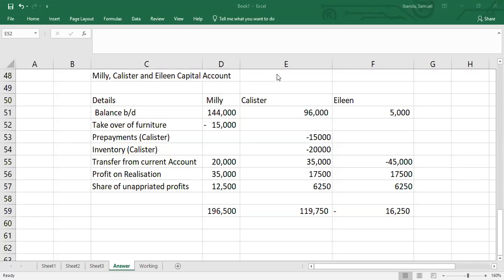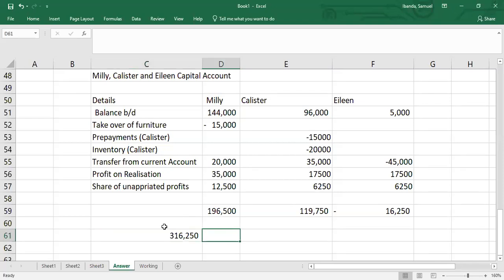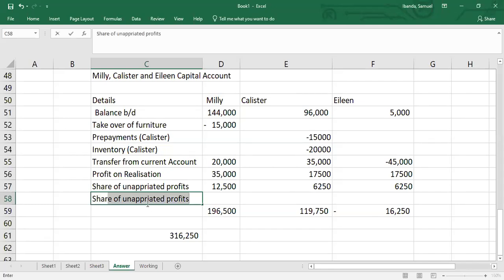So you're saying for us to get the ratio, we get these two values for Millie and Calista, 19,650 plus 19,750, then we basically get the share of Ellen's balance.